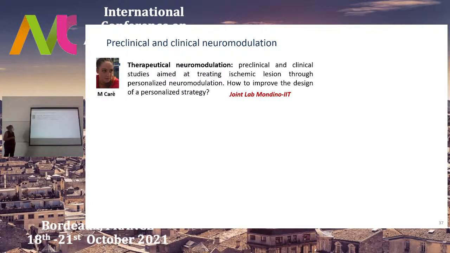This is exactly what we are doing now, thanks to the work of Marta. The idea is exactly the same that I anticipated before, providing therapeutical neuromodulation, so developing open loop stimulation modalities which are personalized, so which are tuned to the specific features of the network that we are recording from.